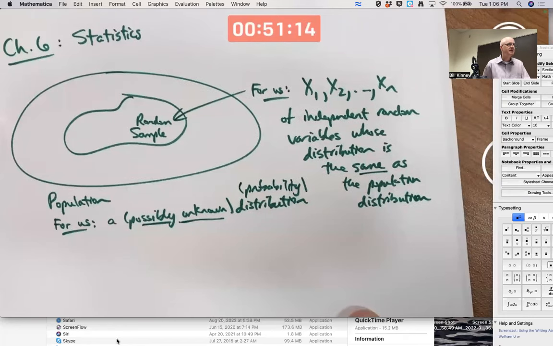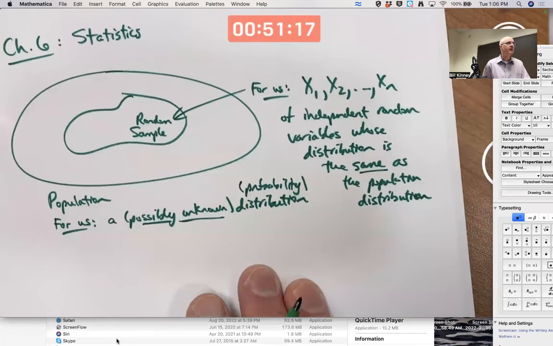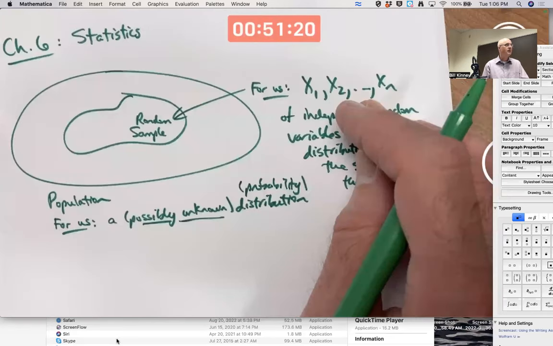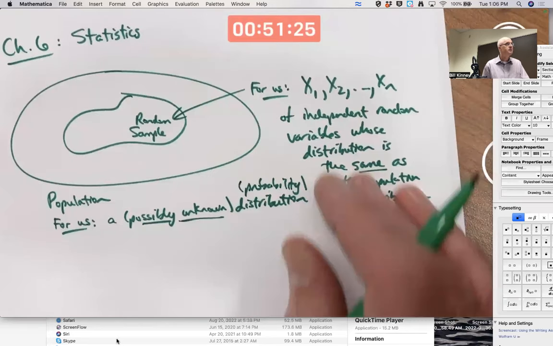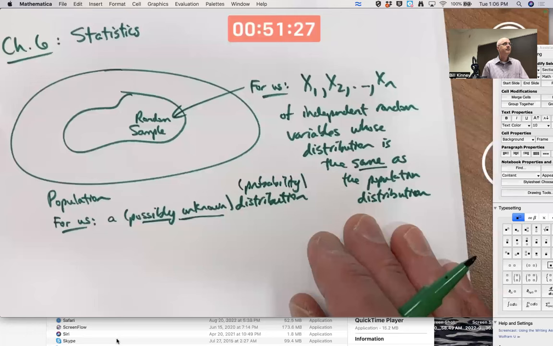When I say it's about a distribution, we're really saying it's about a random variable. And the random sample is not really numbers, it's a list of random variables that have the same distribution and are assumed to be independent of each other. It's an assumption we make to do the theory.